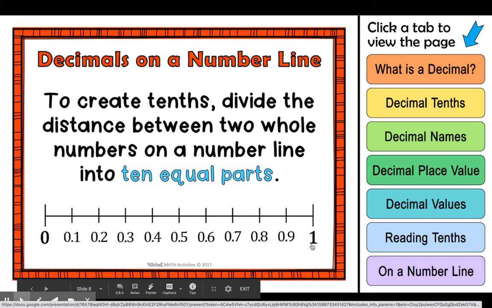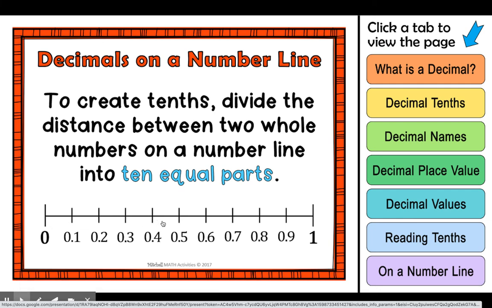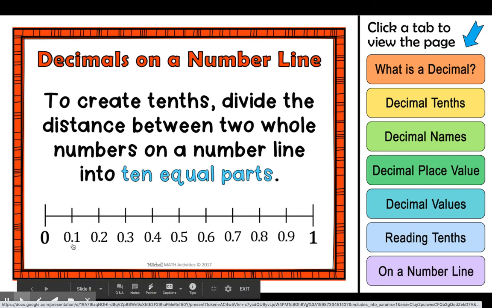And this space in between the 0 and the 1 has been divided into 10 equal pieces. 1, 2, 3, 4, 5, 6, 7, 8, 9, 10. Notice I'm counting the pieces, not the lines. I have 10 equal pieces. If I just count the lines, it's going to be a little trickier. So I have 10 equal pieces, and each piece represents 1/10.